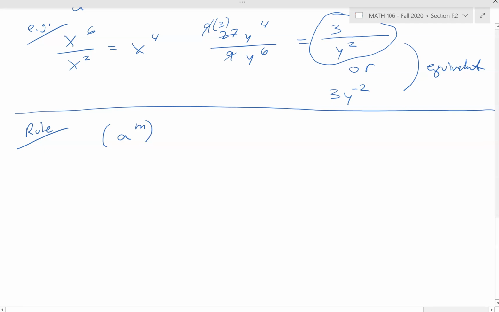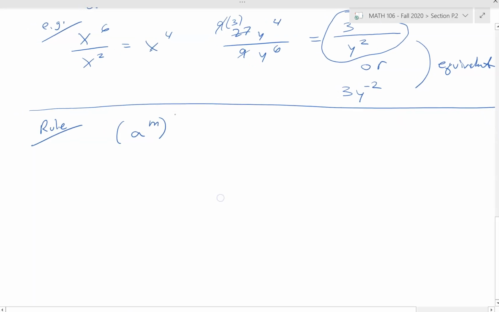But then we want to take that whole expression, that a to the m, and raise that whole expression to the n. So if I want to write this with just a single base, what do I do to the m and the n? Oh, I heard it. Multiply. So it's really m times n.